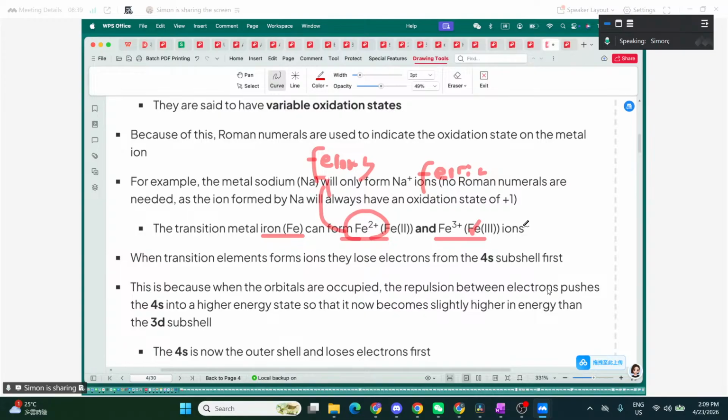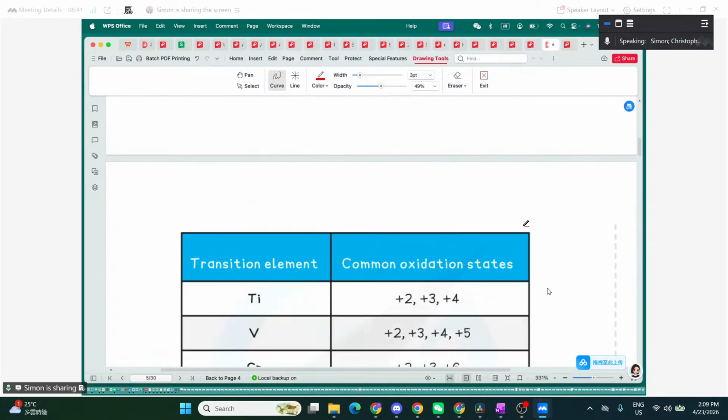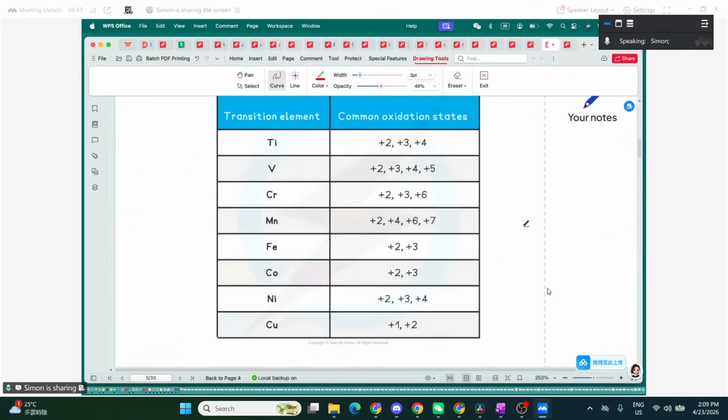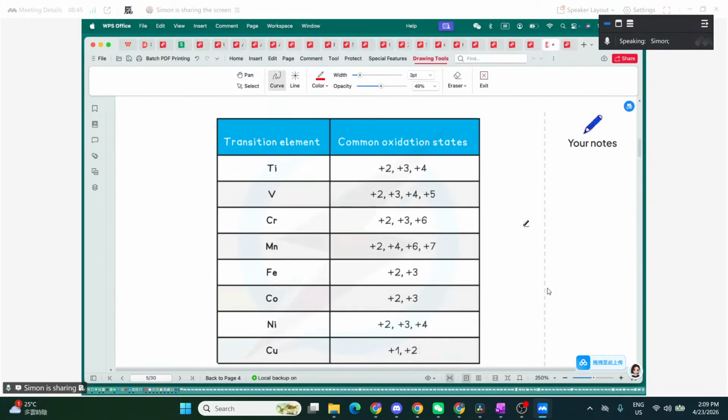And so here is the table. The table is for the transition elements. The transition elements have common oxidation states, right? So for titanium, we normally have three common oxidation states: positive two, positive three, and positive four, right?